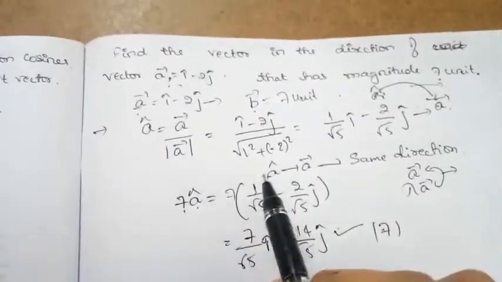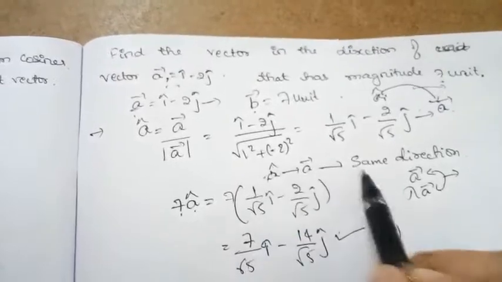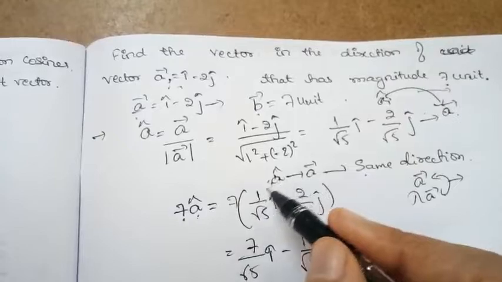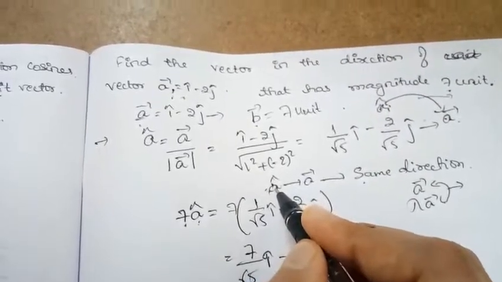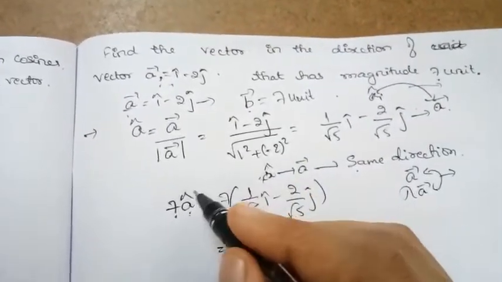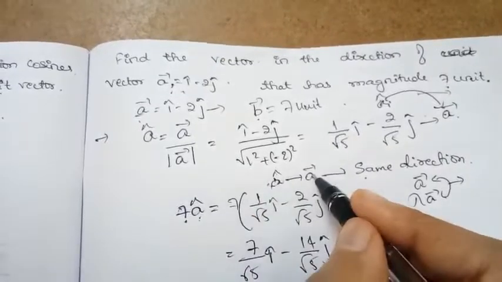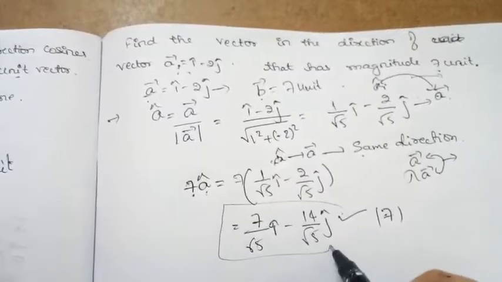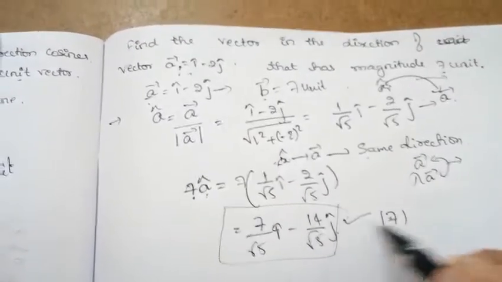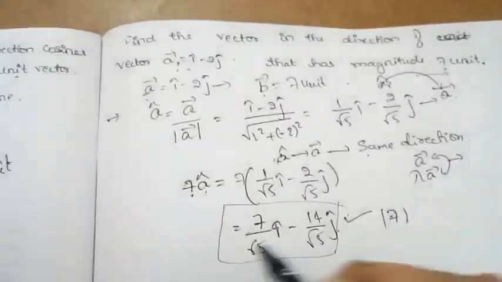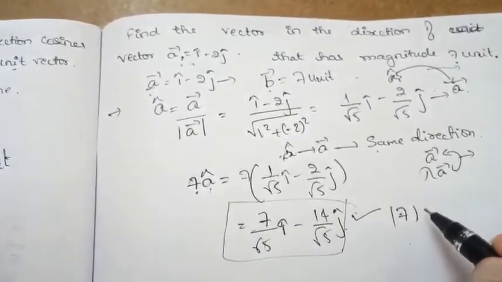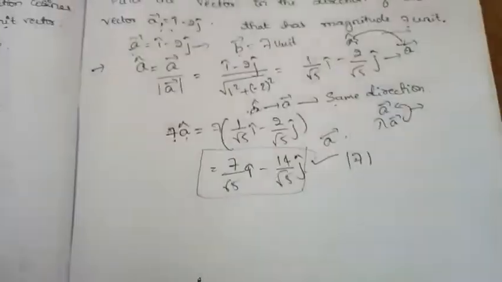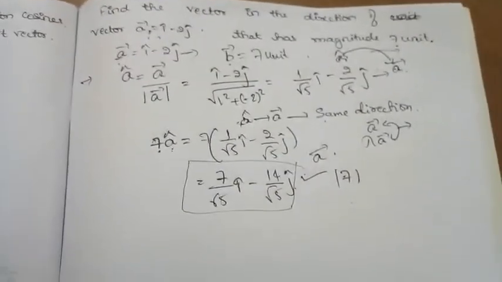So here also, lambda times the unit vector is in the same direction as vector A. So 7 times the unit vector and vector A are in the same direction. The vector which I got has a magnitude of 7 and is in the same direction as the given vector A. This is how we solve this question.